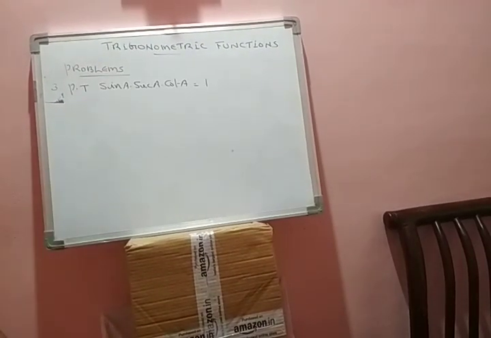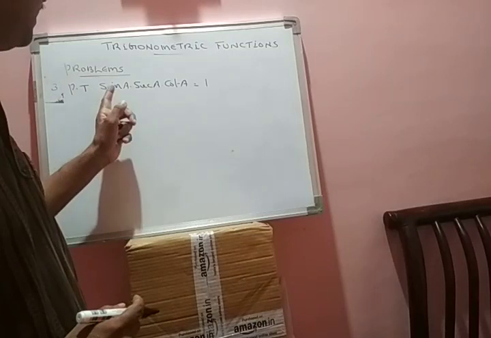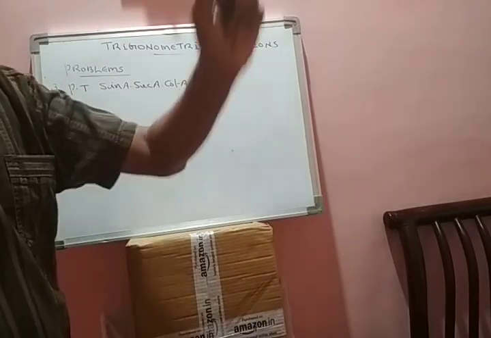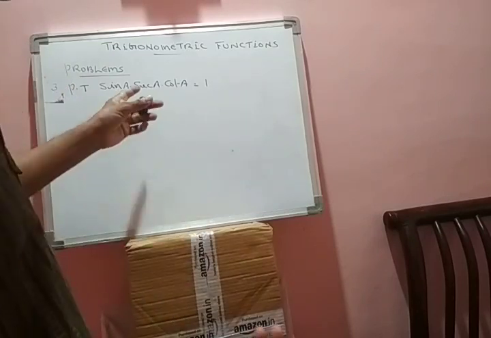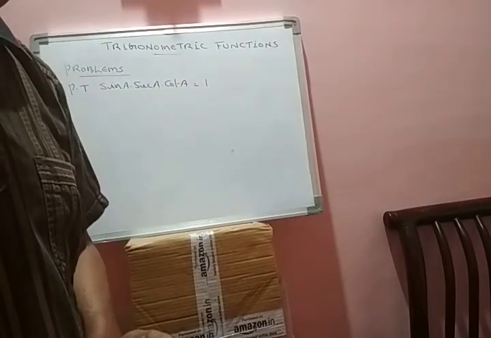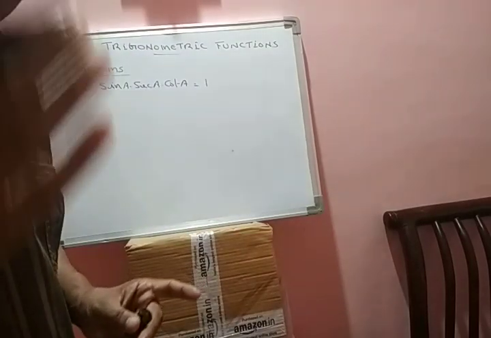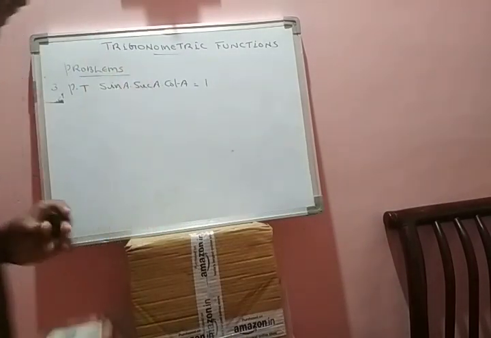Then the third problem. Prove that sin A sec A cot A is equal to 1. Use the fundamental results of trigonometry. That is, sec A is equal to 1 by cos A. Cot A is equal to cos A by sin A. Take left hand side.